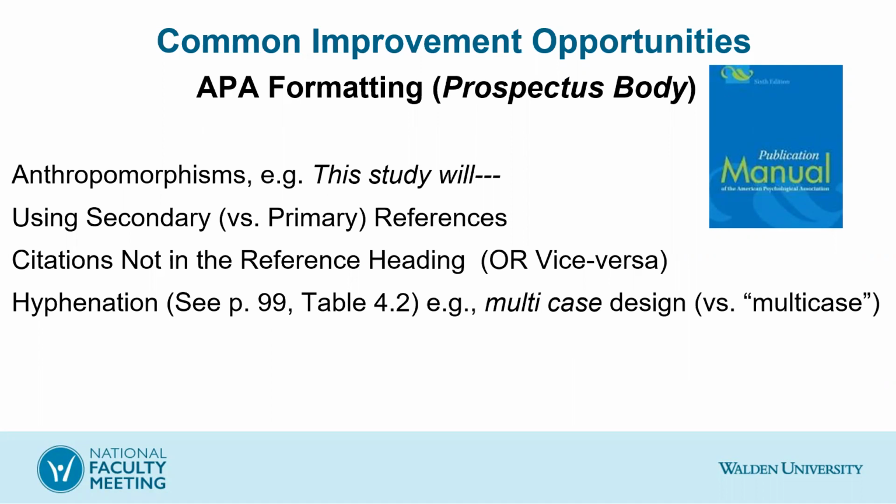Multi-case is hyphenated within the body, but if you look at page 99, table 4.2, it requires no hyphen. So the actual proper use is multicase. And that's a very common error, the failure to concatenate those items that are listed within that table.